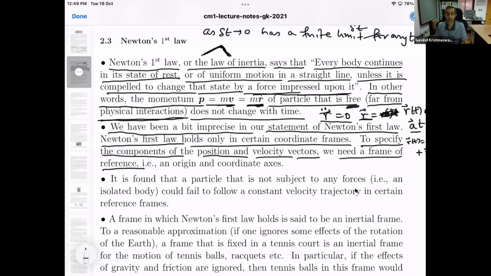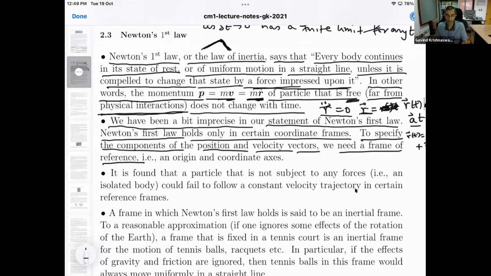We need an origin and coordinate axes. The question is, does this law hold in all coordinate systems or in all frames, or in which frames? We have to answer that question, and we have to be a bit more precise. The discussion that we will have right now is going to try to address this question.